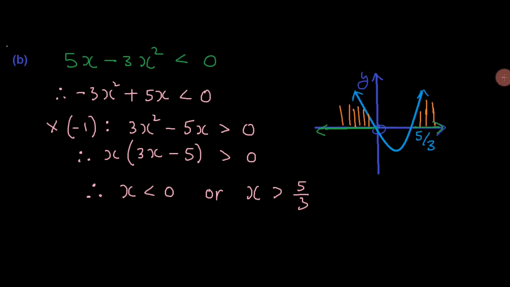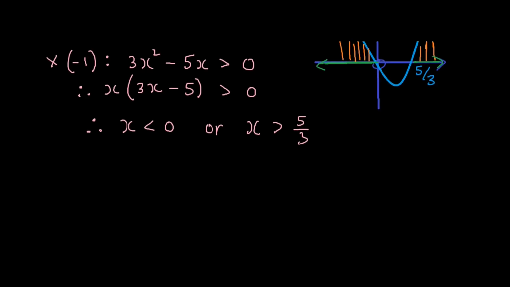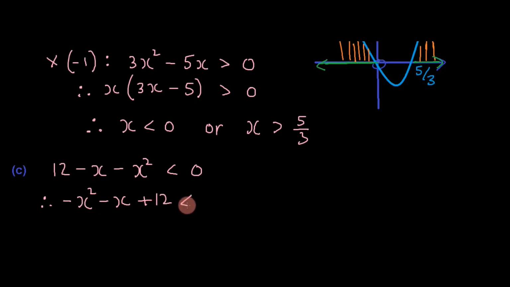Then coming to C, we have 12 minus x squared is less than 0. Once again, we're going to rewrite the order of the terms on the left-hand side with the x squared first. So it's negative x squared minus x plus 12 less than 0.